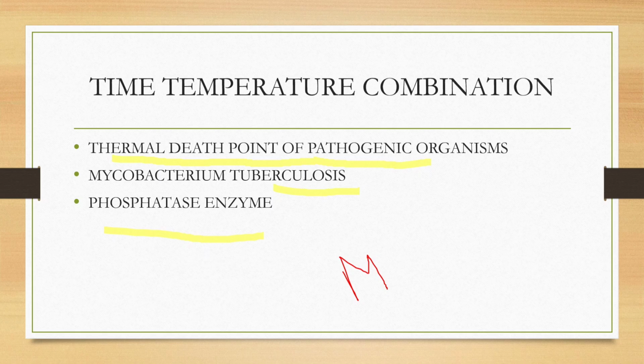So they go for a time and temperature combination that kills Mycobacterium tuberculosis and also destroys the phosphatase enzyme. Very important. That is the thermal dead point of the pathogenic organism. The pathogenic organism in milk is Mycobacterium tuberculosis, so you have to choose a time and temperature combination that kills it and also the phosphatase enzyme.